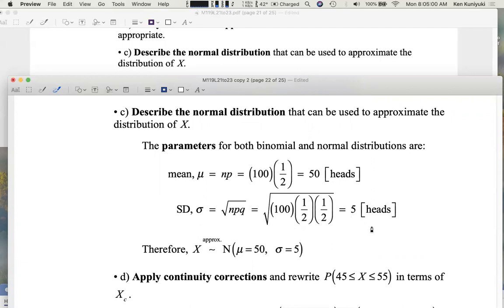Which means, by the 2SD rule, that we would really expect, with about 95% confidence, that we'll get between 40 and 60 heads. But what about 45 to 55? So we have our parameters here. Therefore, x, the number of heads, has a distribution that is approximately normal, with mean 50 and standard deviation 5.